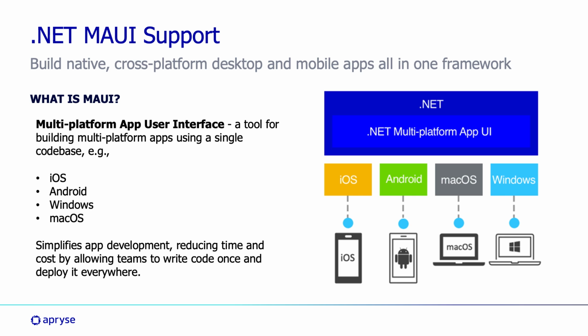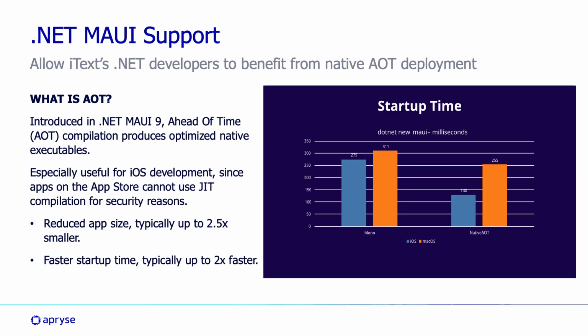And because we already support .NET, we could take advantage of .NET 6 features to enhance performance and provide an all-around better experience for our developers. And of course, similar to GraalVM and its native image compilation, with MAUI you also have AOT, so ahead-of-time compilation. So you have very optimized executables.